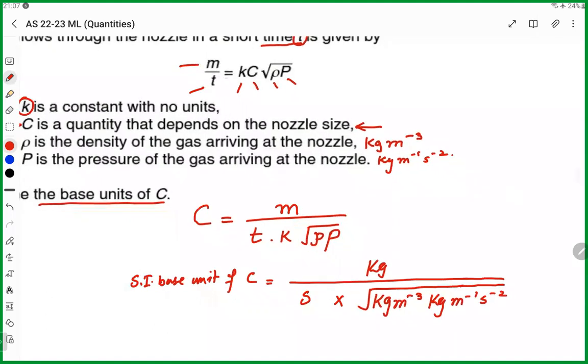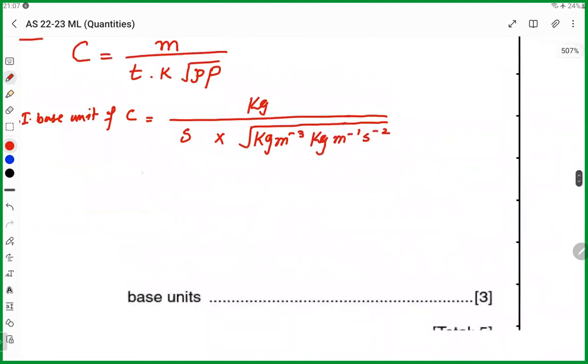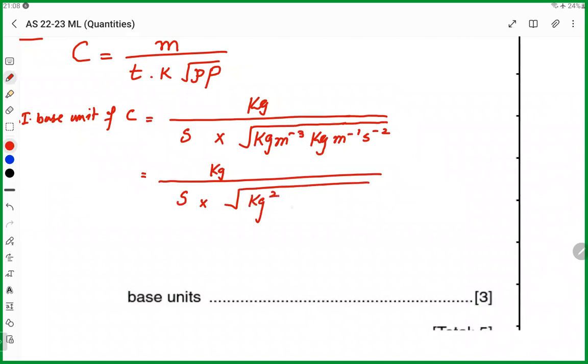Okay, it is going to be interesting. Now, kg on the top divided by s into under root kg square, m minus 3, m minus 1, m minus 4, s minus 2. So when we cancel the square root, we cancel the square, and this will become 2.